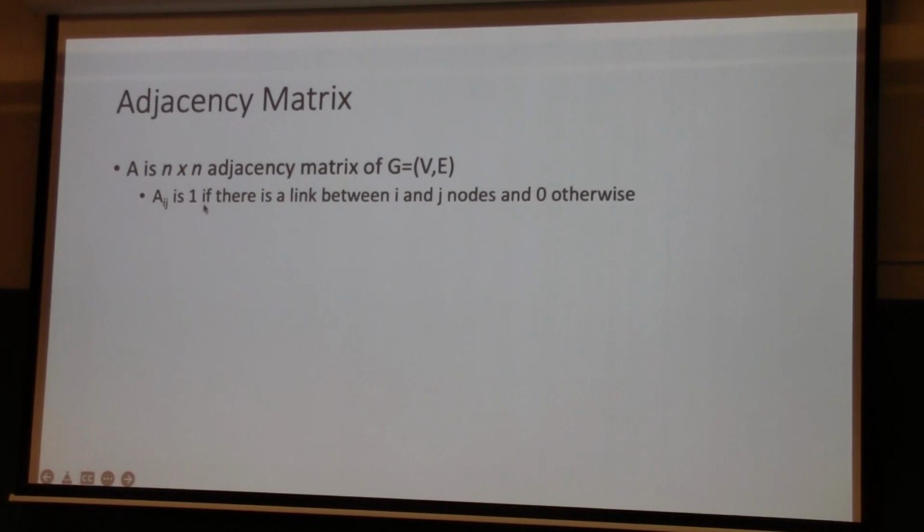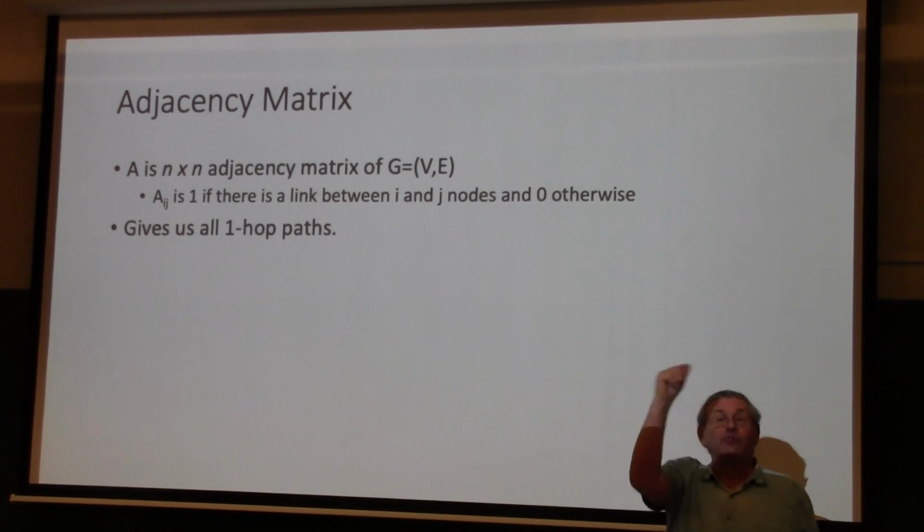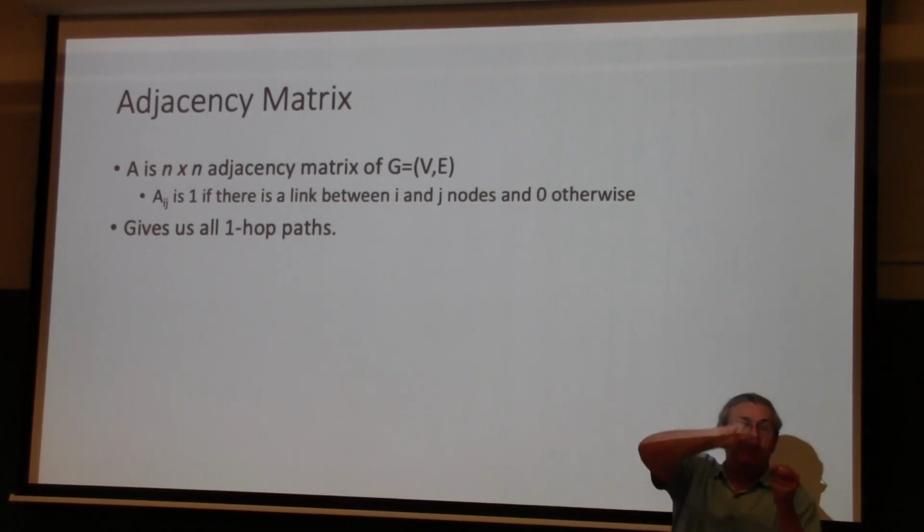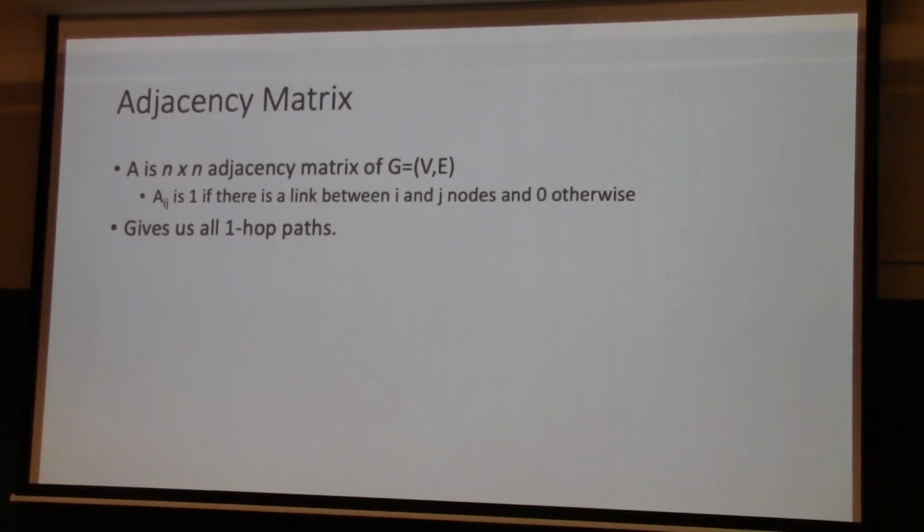Aij is 1 if there's a link between nodes i and j, and otherwise it's 0. Okay?